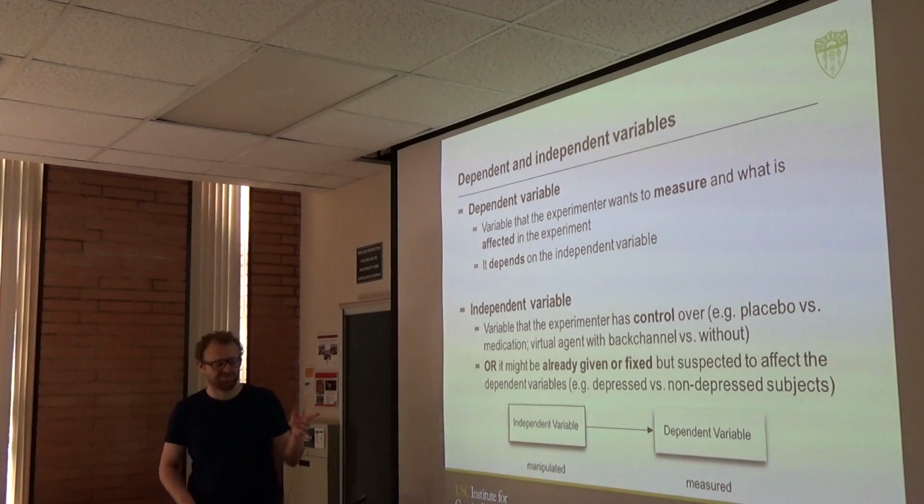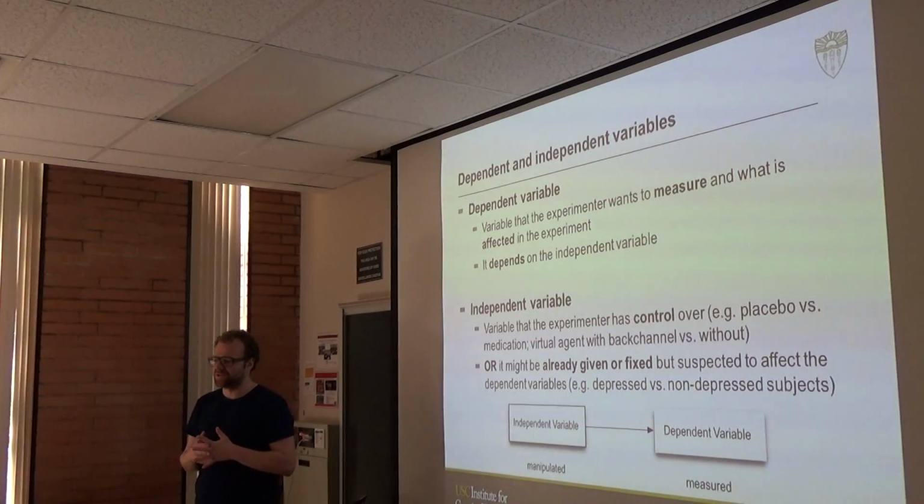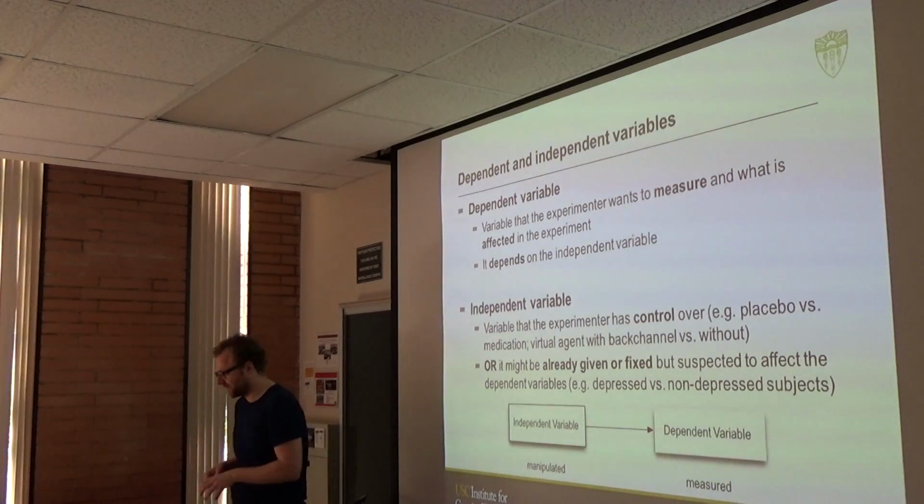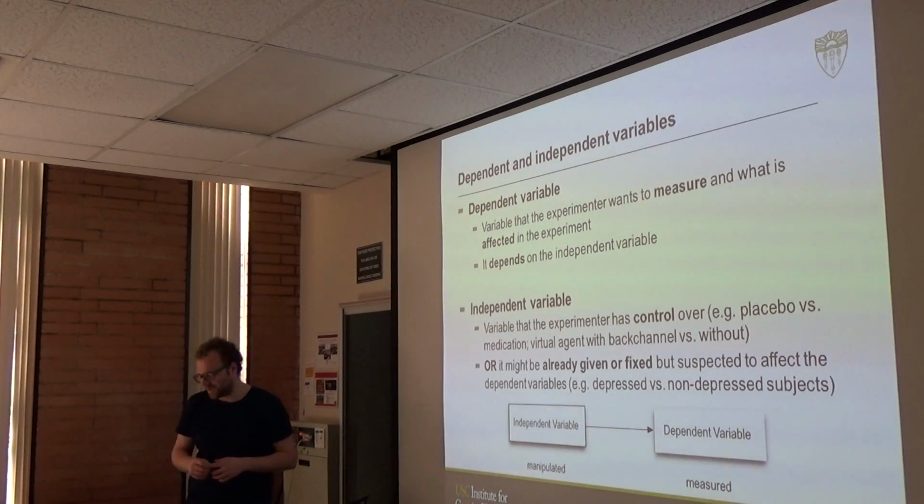I think this is also important to know in general if you ever come across studies that other people have designed, they might use this language, and I think it becomes more and more interesting for computer scientists to get involved in these interdisciplinary research areas.